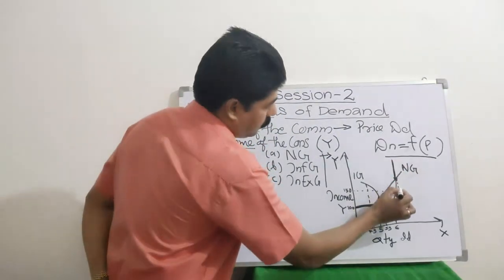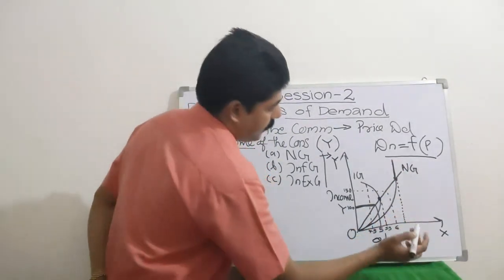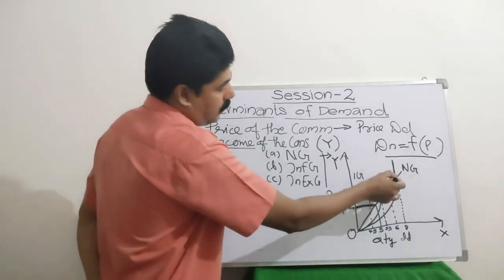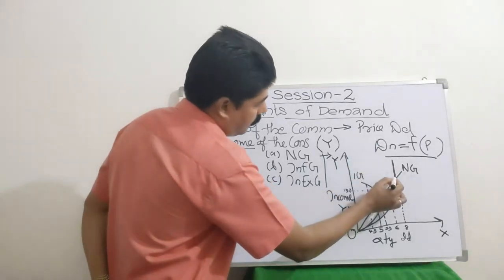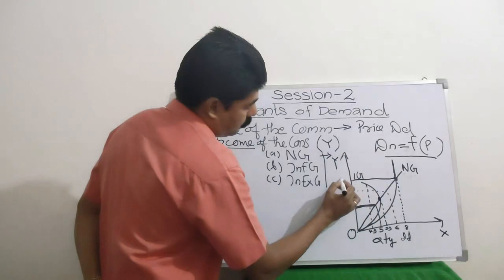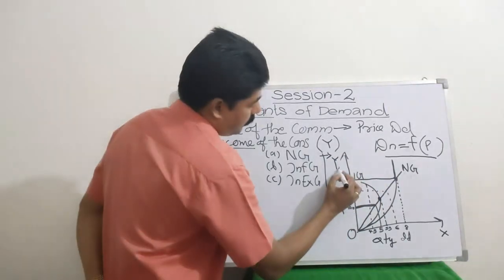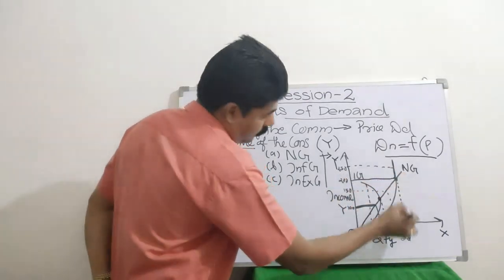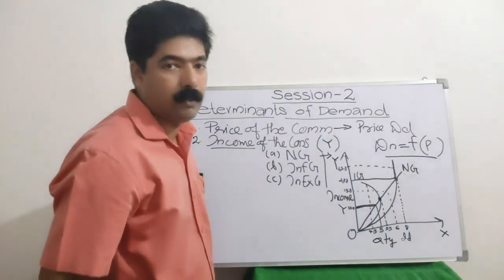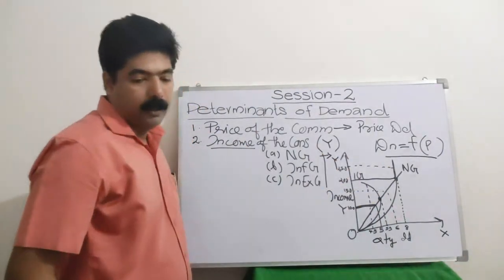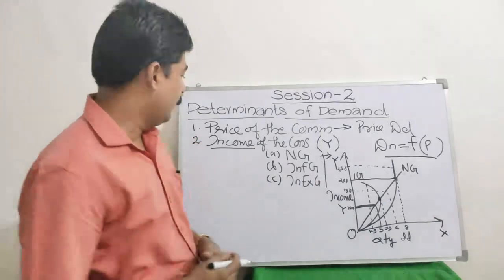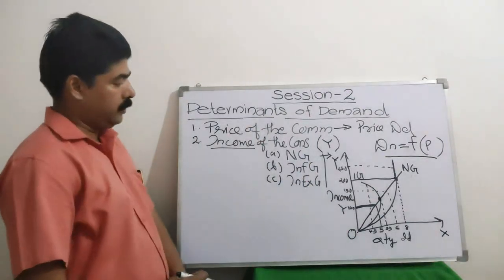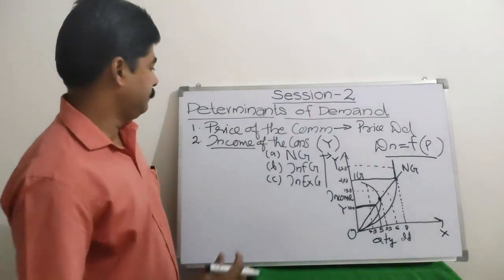If we draw a straight line towards the x-axis, you can see that up to the 80 level it increases, and thereafter, whatever the income level, suppose 200 rupees, and if income increases to 250, the quantity demanded remains the same. Is that clear? So this is the relation between income and demand in the case of these three types of goods: normal goods, inferior goods and inexpensive goods.